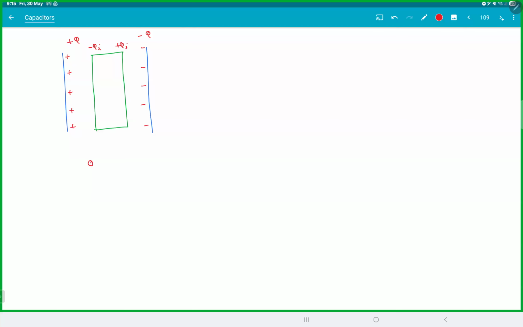So just remember that. So Q induced will be Q into 1 minus 1 by K. And here, if the field is E, then here the field is E by K.